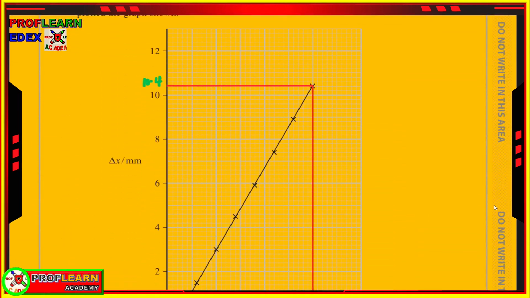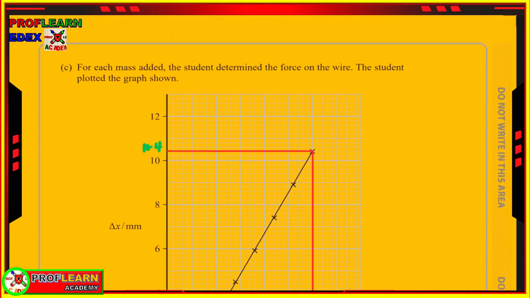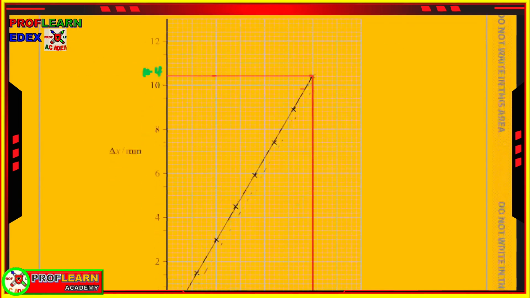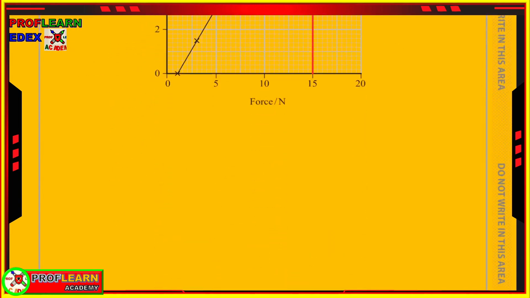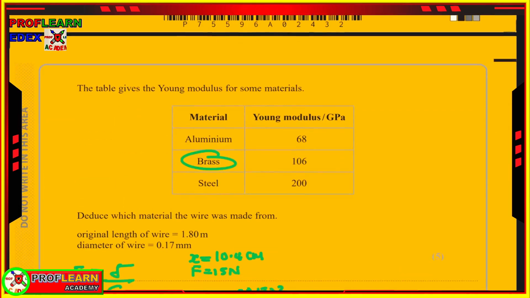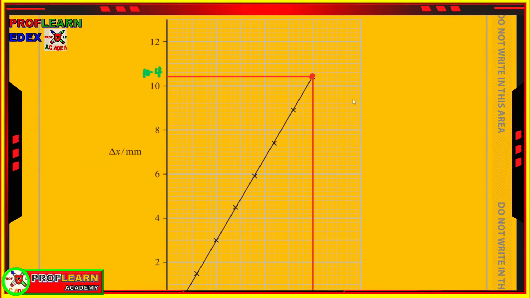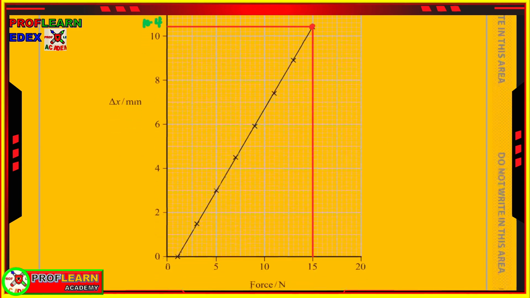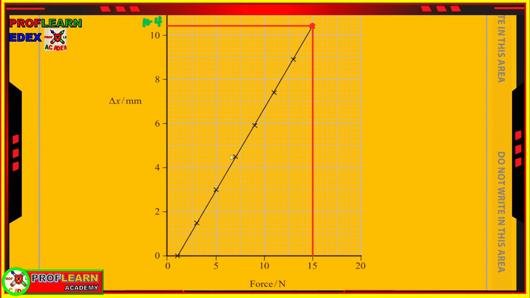Now, in this question, you are supposed to identify one point anywhere in this straight section of the graph.